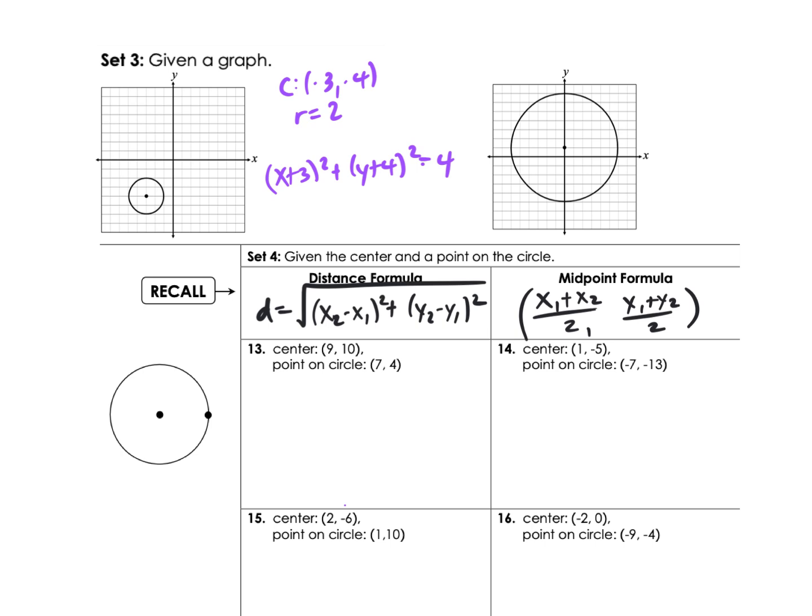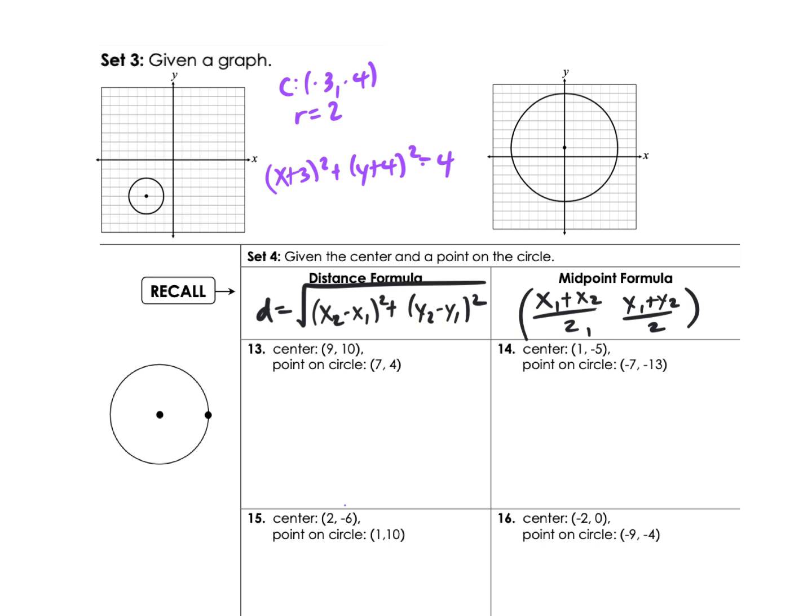Remember, midpoint is the center or the middle of 2 points, which is just the average of 2 numbers. You find the average of the x's and the average of the y's. You shouldn't be memorizing that formula, you should just know what it is.